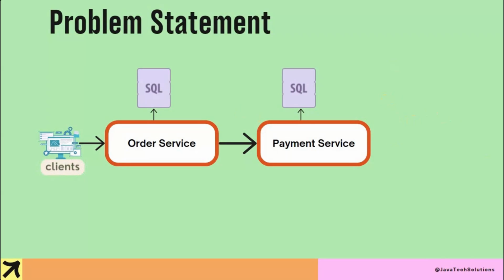As the name conveys, the two-phase commit protocol breaks a database commit into two phases in a distributed database system. The first is the prepare phase and the second is the commit phase. In the prepare phase, all the services involved are asked to prepare for a transaction.